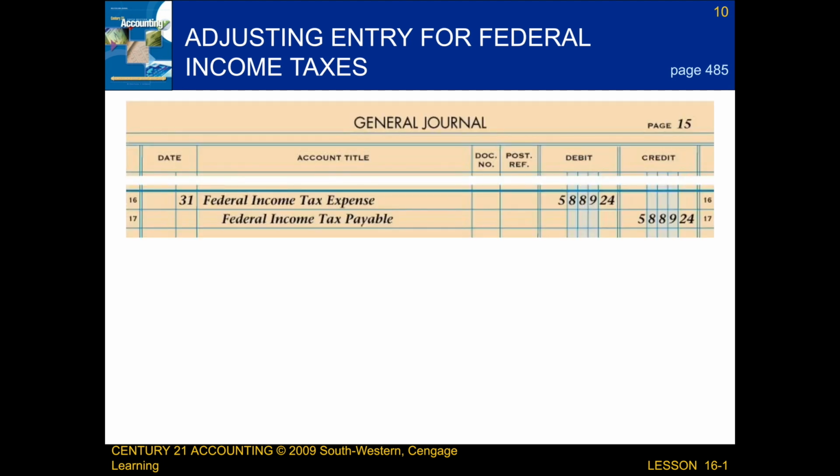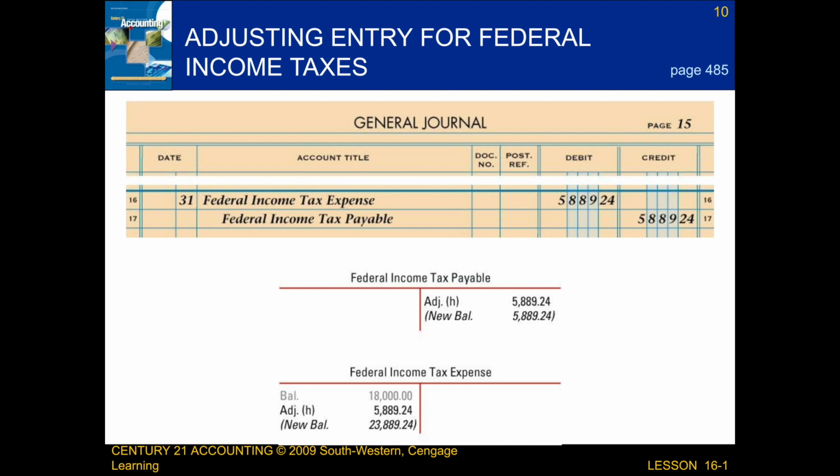Okay, so the last thing that we're going to be talking about in this lesson is the adjusting entry for federal income taxes. So the adjusting entry for federal income taxes is as follows. We debit federal income tax expense, and we credit federal income tax payable.